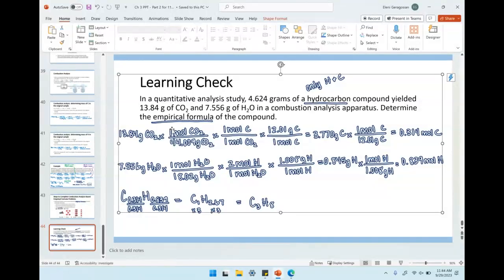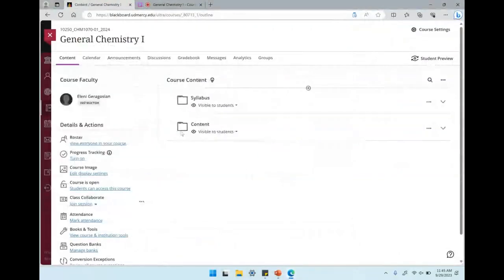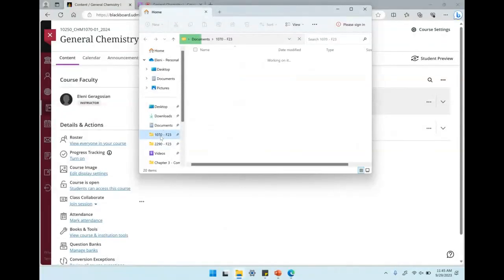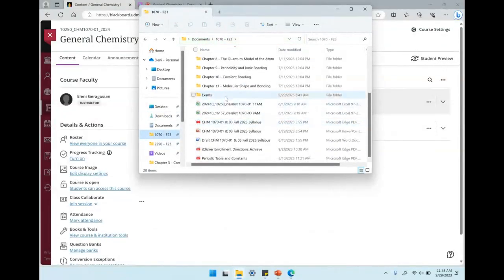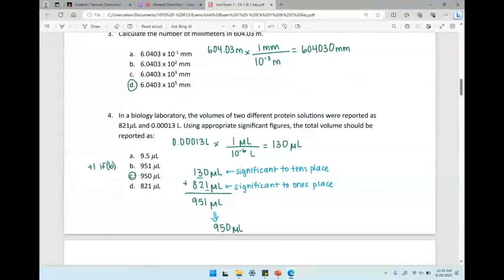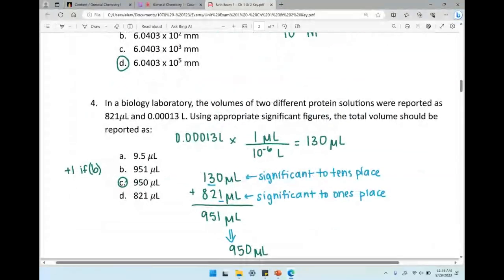So each multiple choice question was 3 points, except for one. Well, no, they're all 3 points, but hold on. Give me a second here. This question here, where you are adding microliters to liters in units of microliters, with sig figs, the correct answer is 950.